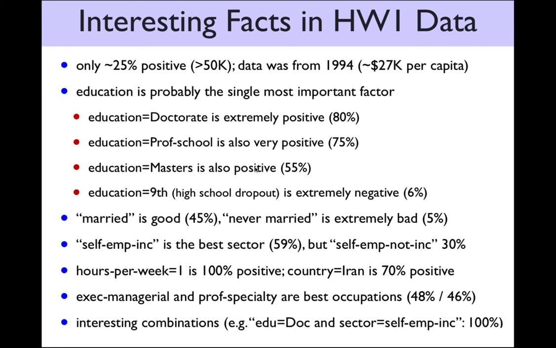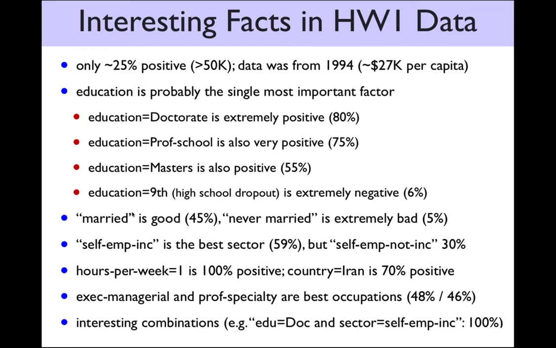Master's is also very positive, but much less than professional school. And high school dropout, education equals 9th, is extremely negative. So, looking at this data, you can get some advice for your life. If you have a chance to get a master's, a PhD or a professional school degree, then you're almost guaranteed to earn more than 50K, okay?